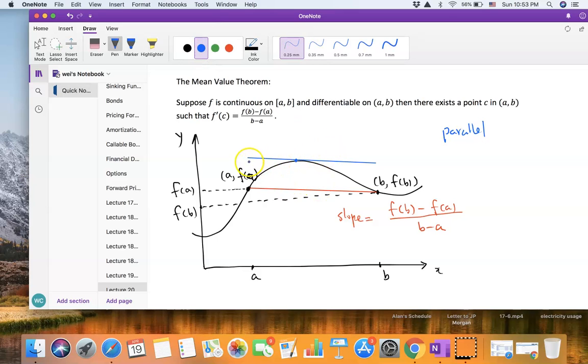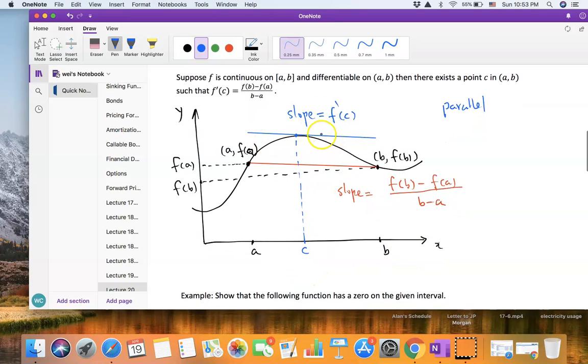Okay, now for this tangent line, let's call the x value of this point c. So in calculus, we know that the slope of this tangent line we can write as the derivative of the function at this number, f prime of c.